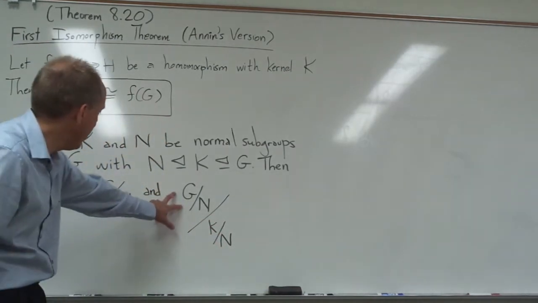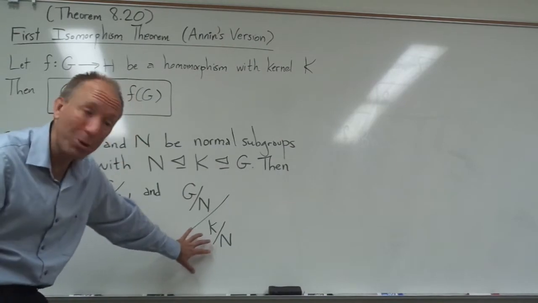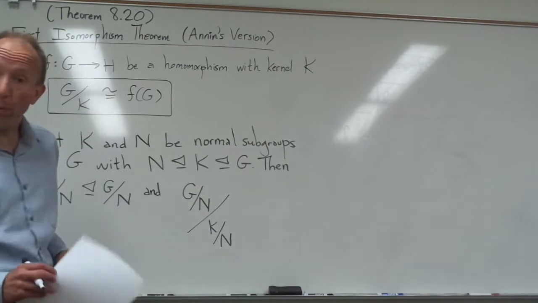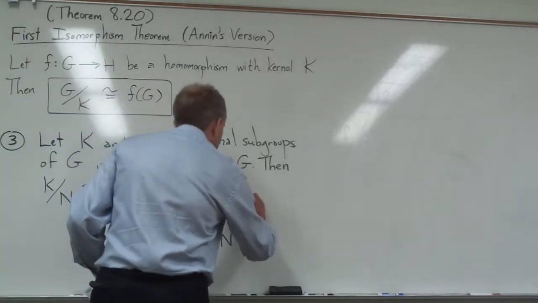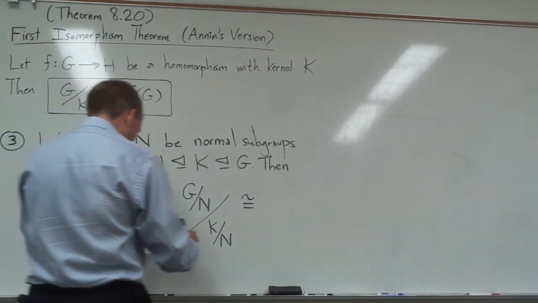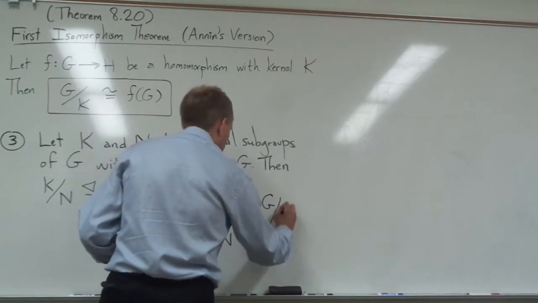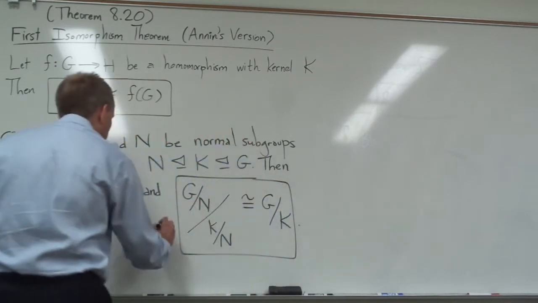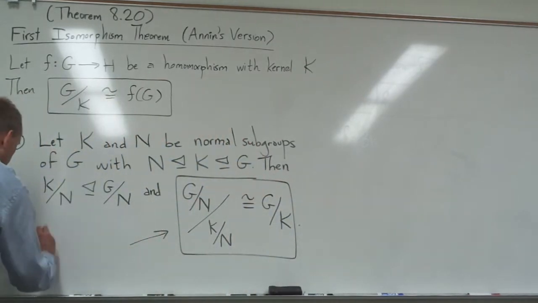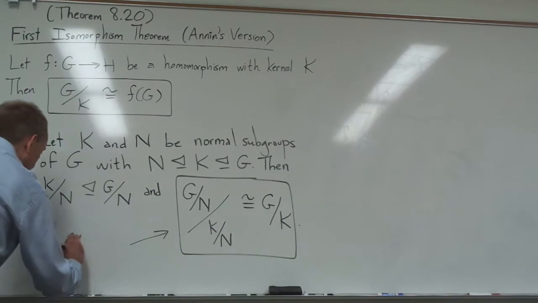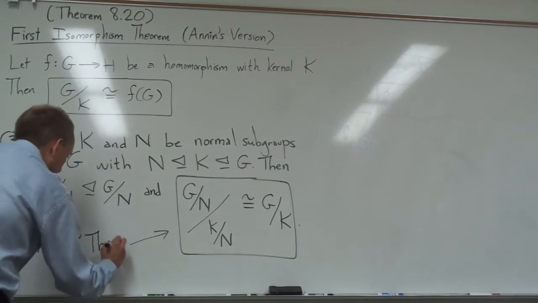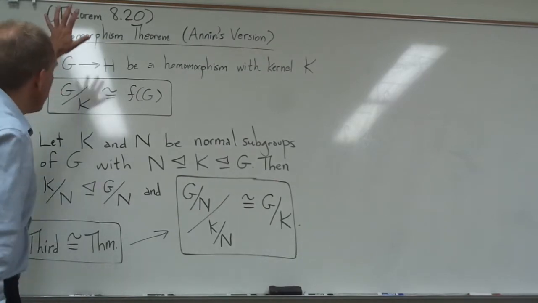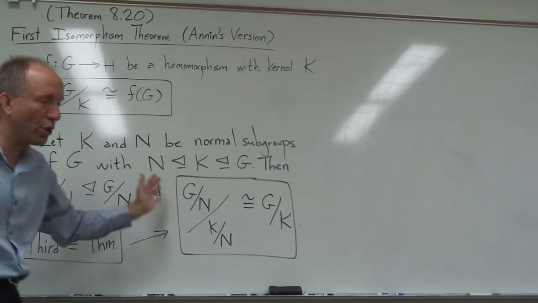So G mod N, I can mod out by the normal subgroup K mod N. This is going to be another group, and it turns out that it's isomorphic to G mod K. All right, so this is commonly known as the third isomorphism theorem. So again, the second isomorphism theorem is something in the exercises of our book. So we have the first isomorphism theorem, and now this is the third one.